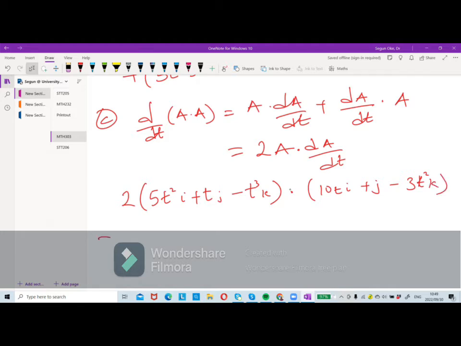Open the bracket for this before you do the dots. We have 10t squared i plus 2tj plus 2t cube k, dot 10t i plus j minus 3t squared k. So now we can do the dot by multiplying i and i, right? You have it to be 10 times 10.